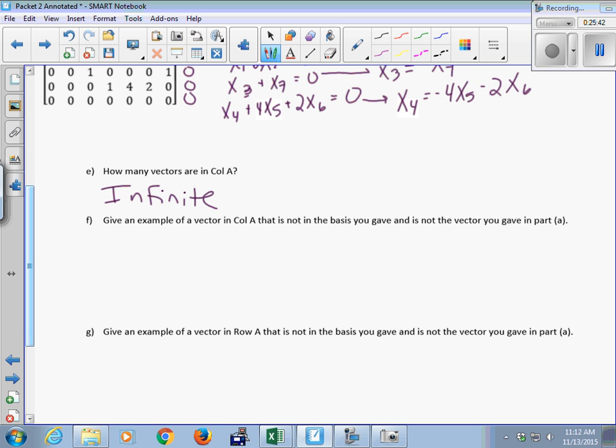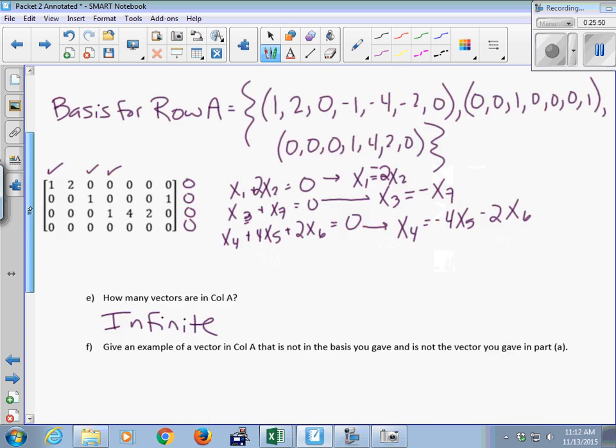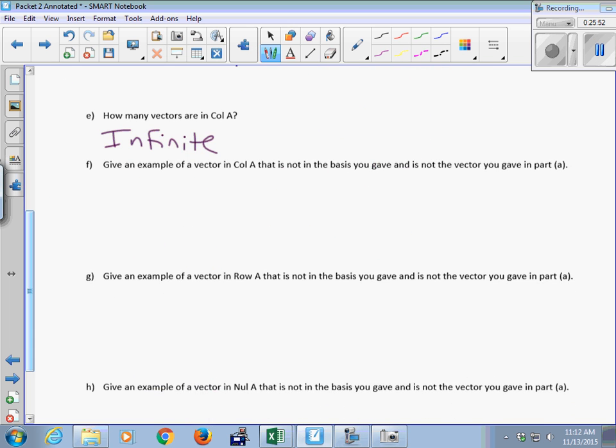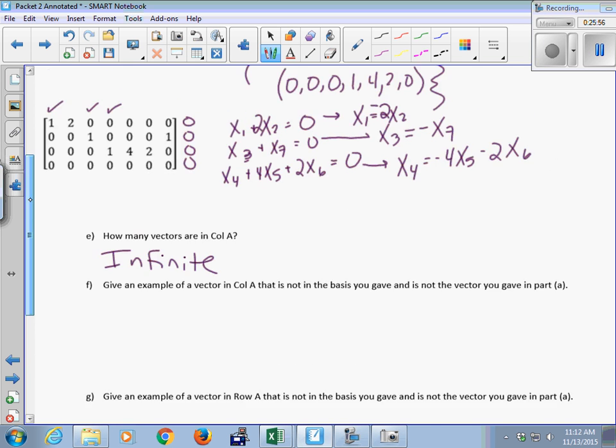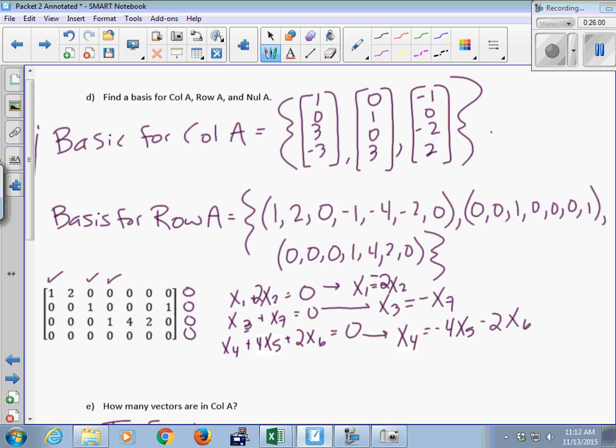All right, so let's come up with a vector in Col A that is not in the basis, so it's not one of the vectors from the basis, and it's not one of the vectors that you gave in the original question. 10, 0, 30, negative 30. Sure, you can throw any weight on one of your basis vectors, and that will also be in the column space.